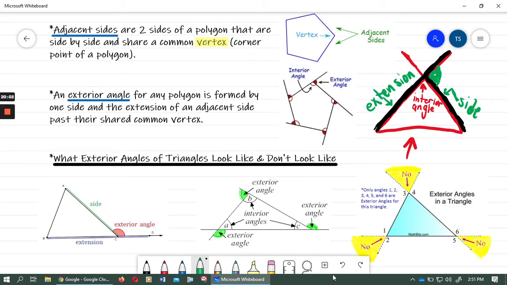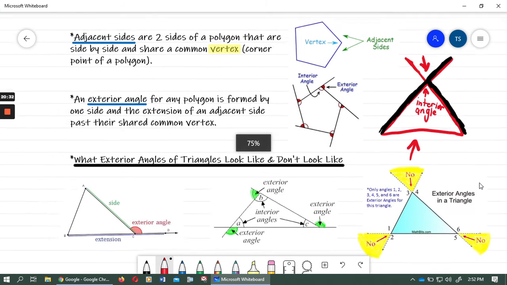Okay? So I'm trying to show you folks that the angles that I have highlighted in yellow there are not exterior angles, because they don't go according to the definition that we talked about for exterior angles. So again, this angle right here is just a vertical angle for one of the interior angles.